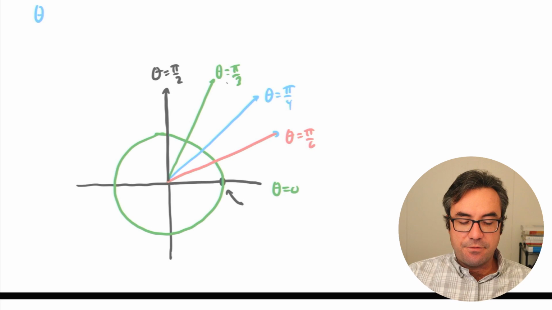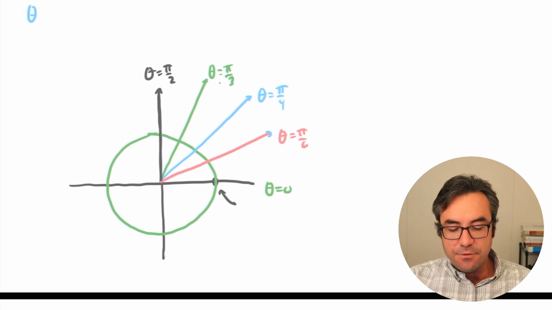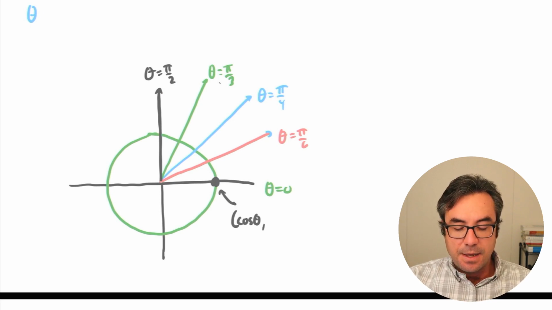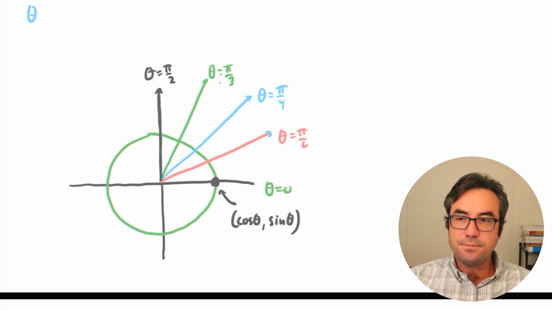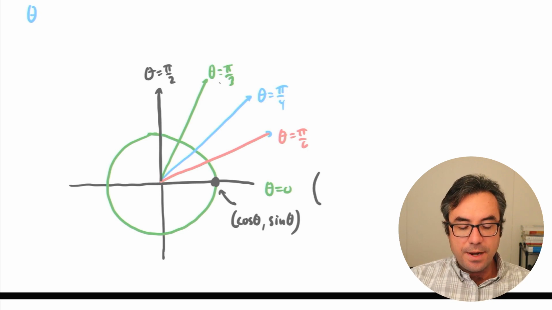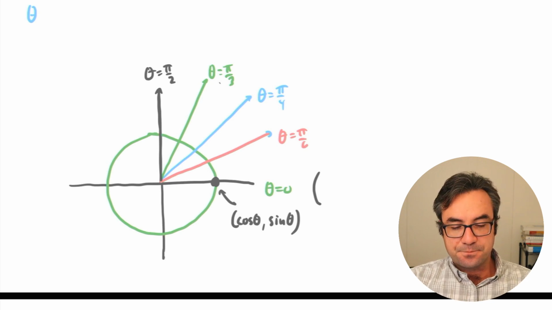A way to remember the values is to think of a point sitting on our unit circle: the x-coordinate is cosine, and the y value is sine. There's a little trick to write it out. Cosine of theta, well, let's look at this point here.